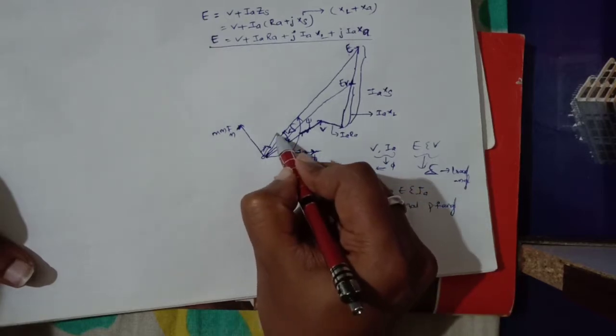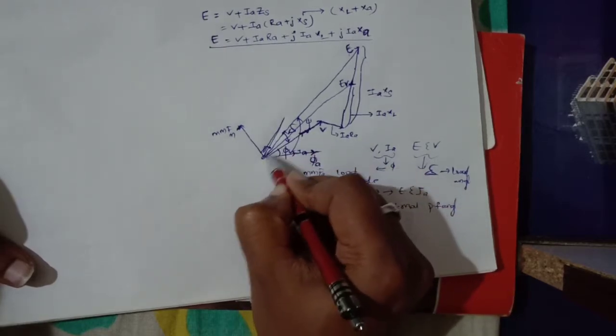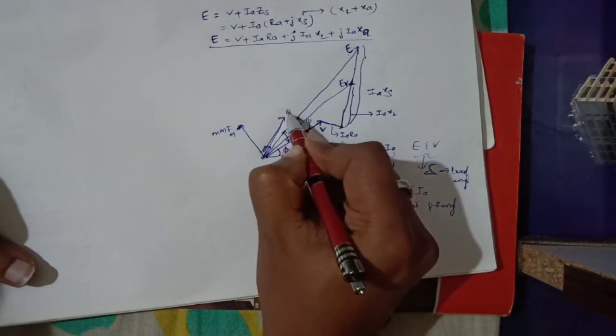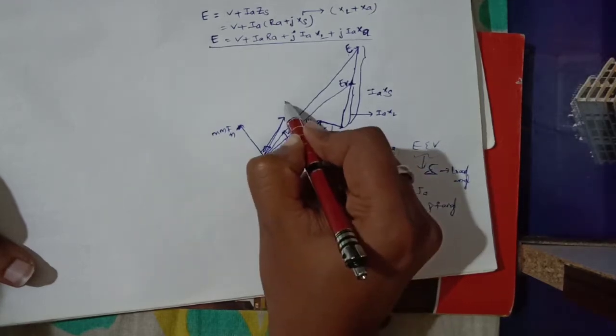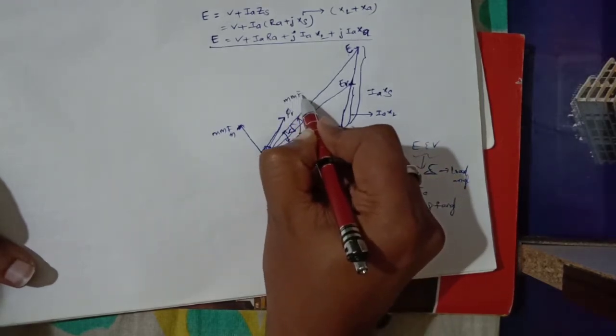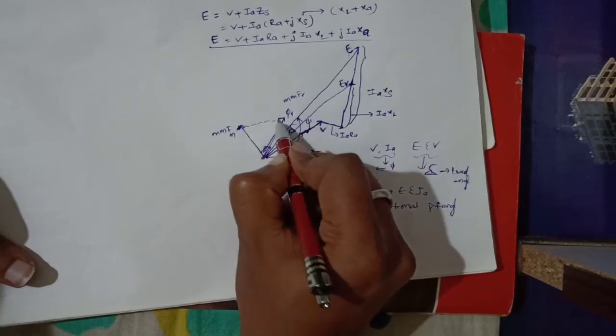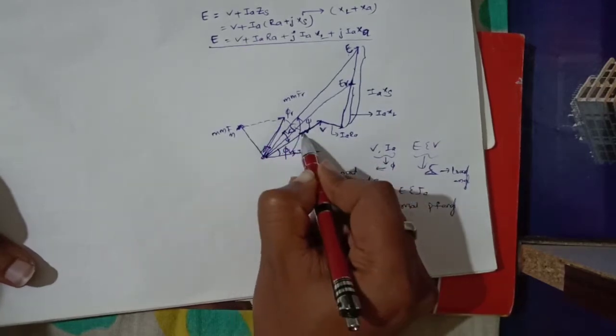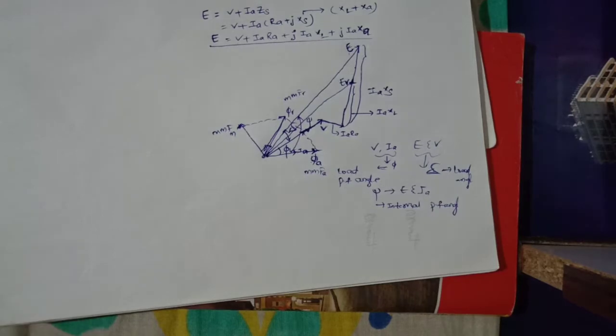The resultant will be somewhere here. This is the resultant MMF r. I'll be joining it in dotted form.